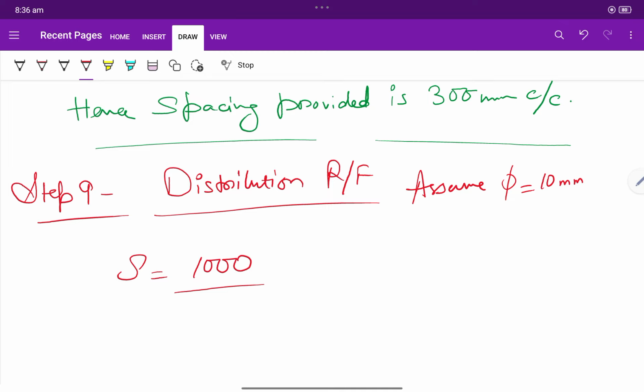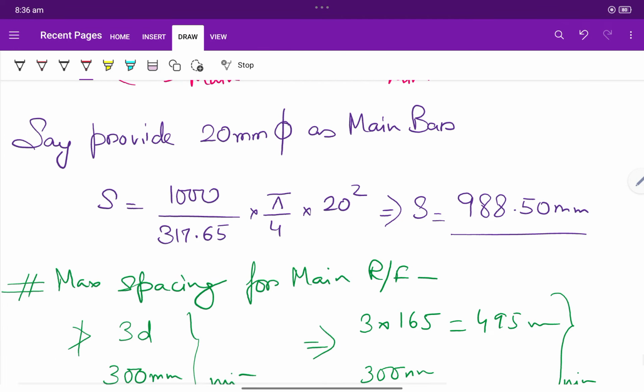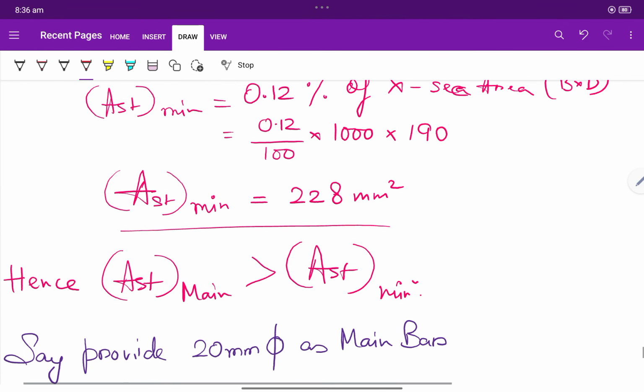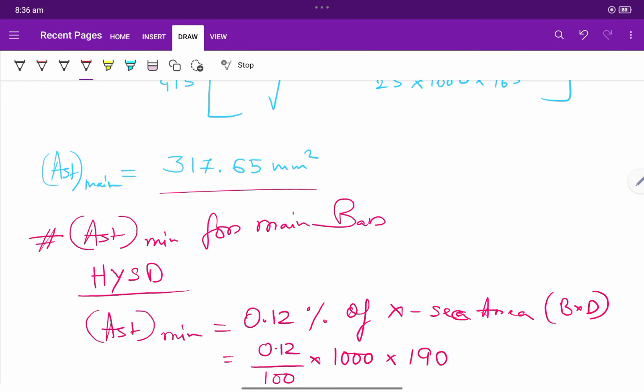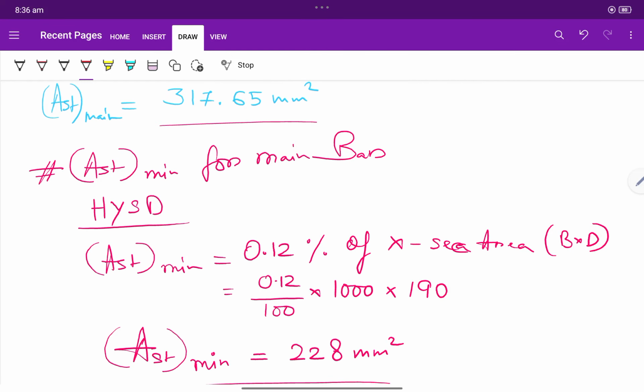okay, one thing we can provide. See, the area of steel, here it is coming as 317. So for the distribution bar we can provide this minimum value.